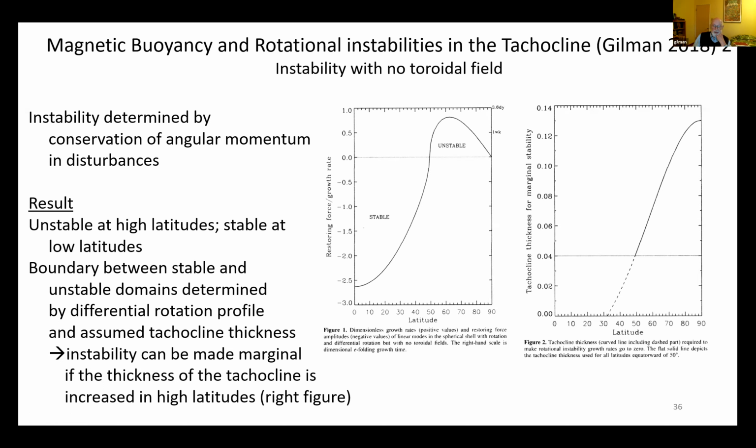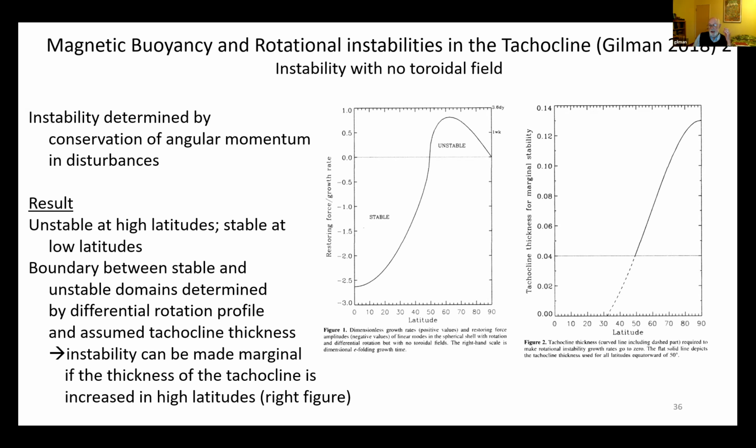Now, a very interesting result from this, and this was a particular assumption about the tachocline depth, which was actually 4%. If you look at the diagram on the right, you can make an argument that maybe this actually goes on in the sun, and the tachocline thickness increases with higher latitude until you reach marginal instability.